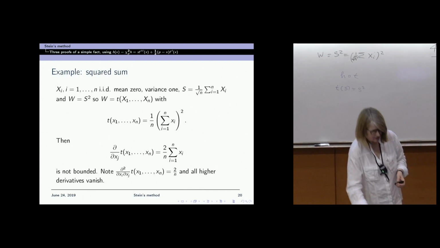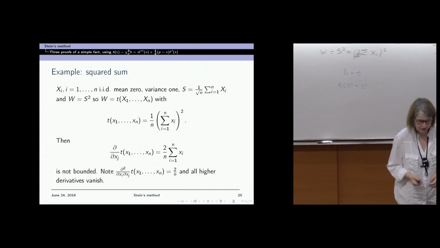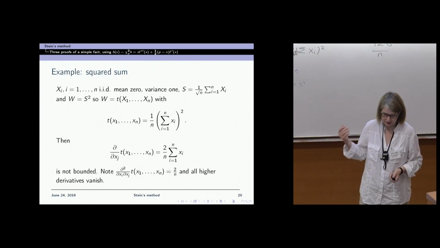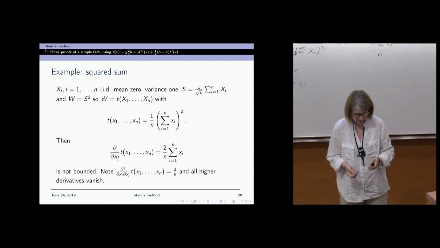So that's a simple function which takes a vector from R^n into the real numbers. And I can look at the partial derivatives. Well, the first partial derivatives are clearly not bounded, but all the higher derivatives are bounded.